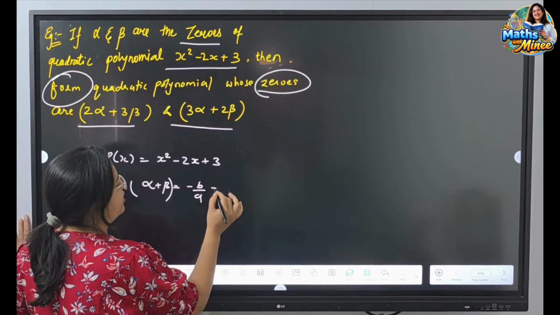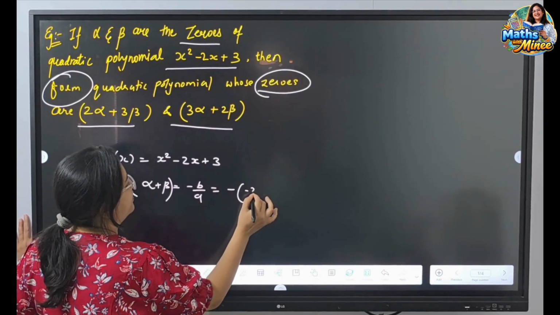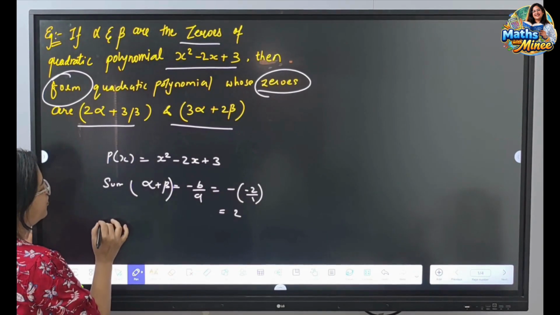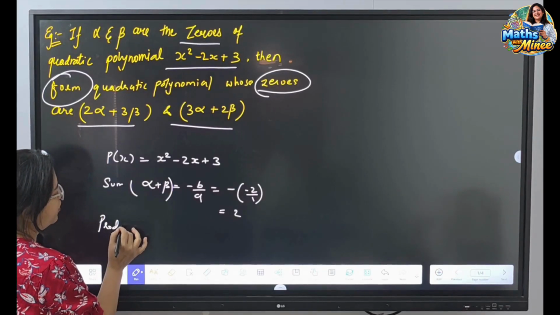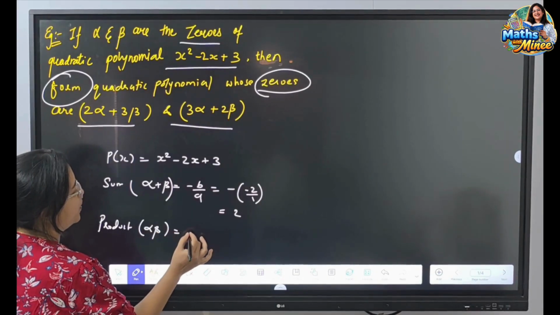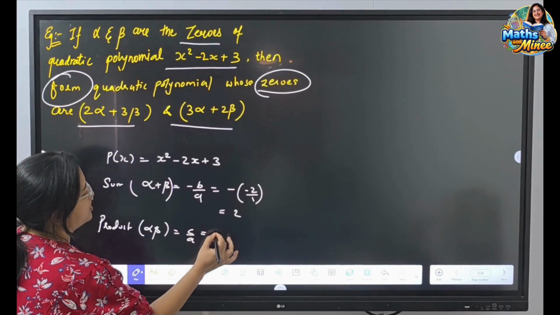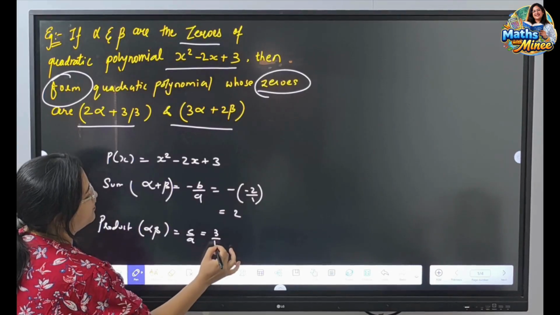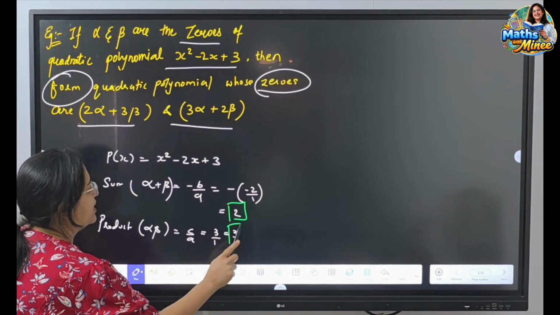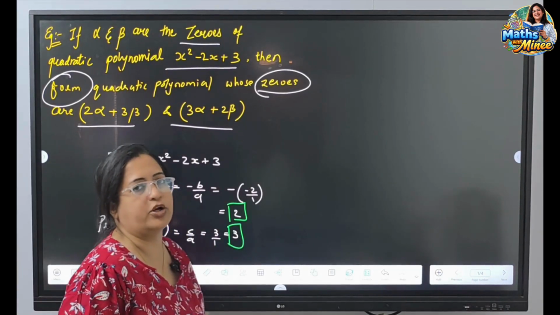So here we can easily write negative of negative 2 over 1, which is equal to 2. Similarly, for the product, alpha beta is equal to c upon a, which is equal to 3 upon 1, which is again equal to 3. So this is the sum and the product of the given polynomial.